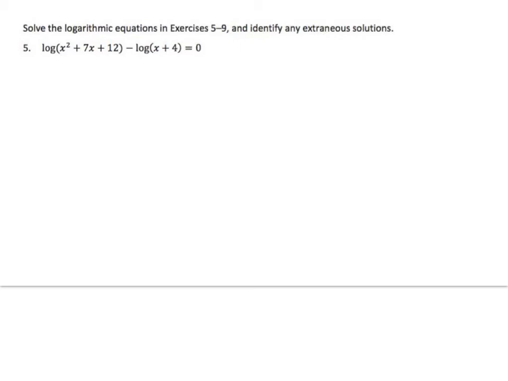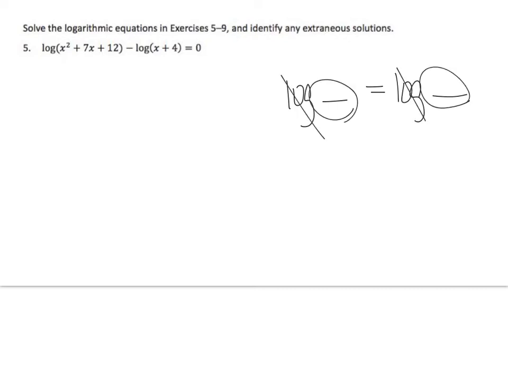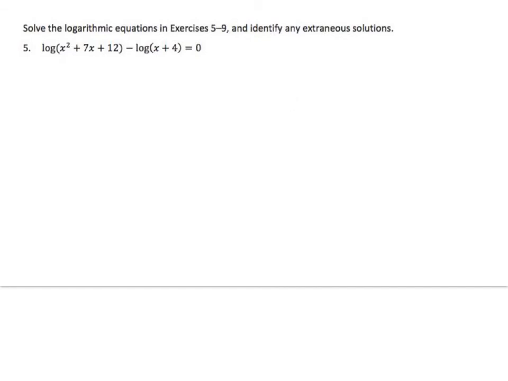Now remember for this one, I see that I have 0 on one side of the equal sign and a subtraction here with 2 logs. Now if you remember back to a few lessons ago, if I've got log of something on one side of the equal sign and log of something on the other, I can just solve whatever the log is of. Okay, that's a very, very basic reminder.